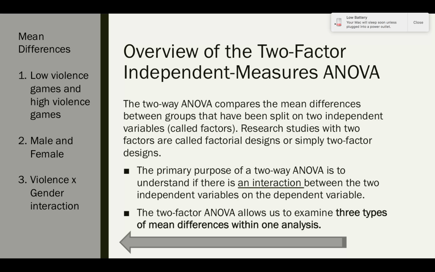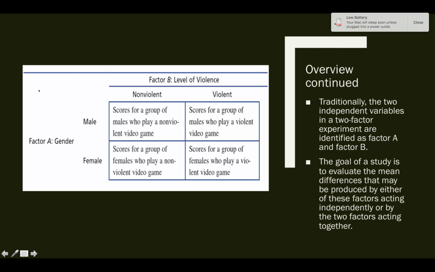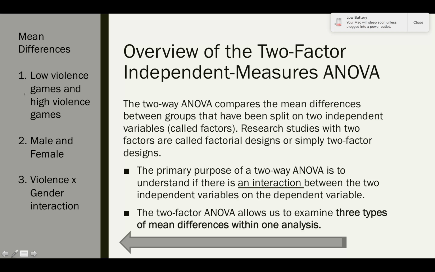When we write violence times, that's just that X, right? So we're going to write violence and gender interaction. That's just what that means, okay? So we're actually going to get, believe it or not, an F ratio for each of these. And then we're going to end up with an overall F ratio of the outcome variable or the results that we hope to find.